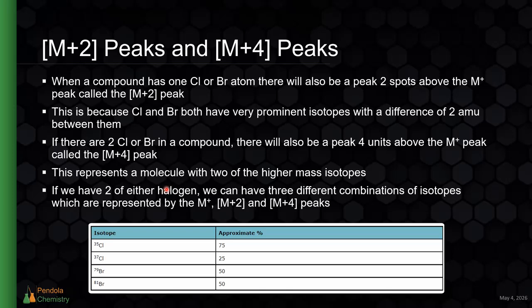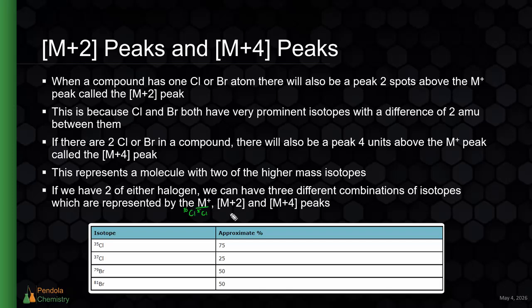So if we have 2 of either halogen, we can have 3 different combinations of isotopes which are present: the n+, the n+2, and the n+4. So let's do chlorine first. If we have a molecule with 2 chlorine atoms that are both chlorine 35, that will be our n+ peak.